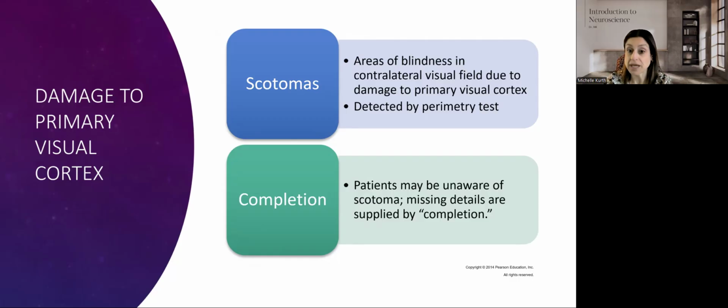Now, amazingly, when forced to guess, some brain damage patients can actually respond to stimuli in their scotomas. So they can, let's say, grab a moving object or they can guess the direction of its movement, all while claiming to see nothing, which is again fascinating. But this is called blindsight. And blindsight is thought to really be mediated by visual pathways that are not a part of this retina geniculate striate system.